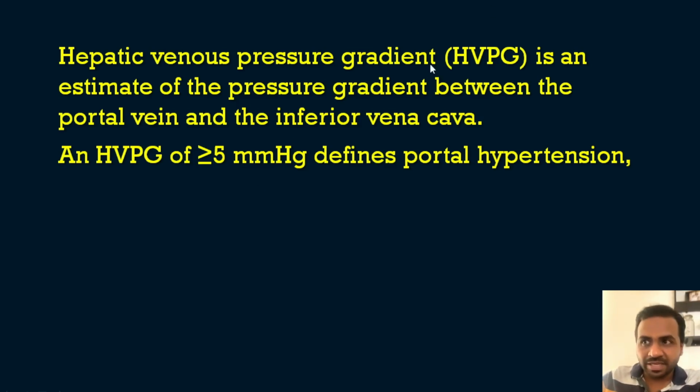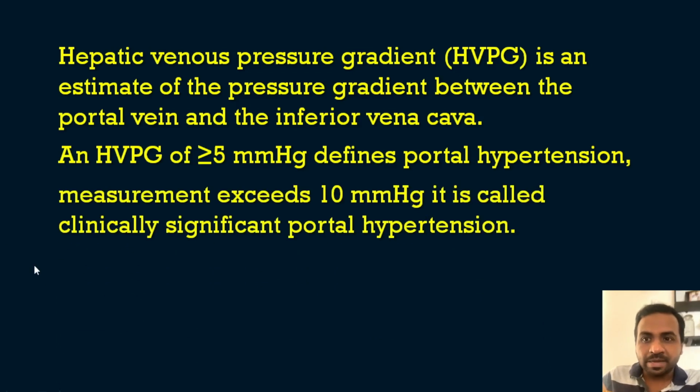So if the HVPG is more than or equal to 5 millimeter mercury, then we can call it portal hypertension. If the HVPG is more than 10 millimeter mercury, then it is called clinically significant portal hypertension.